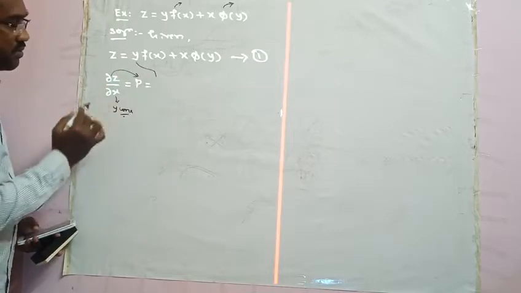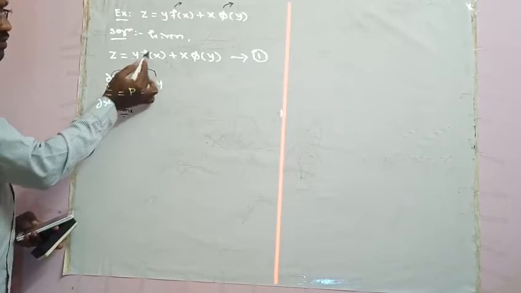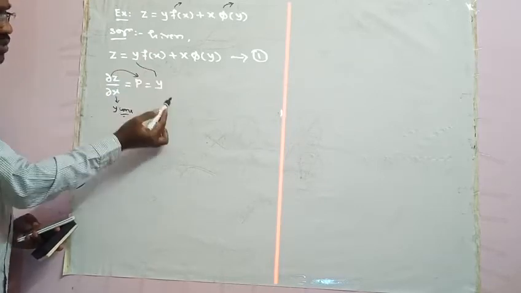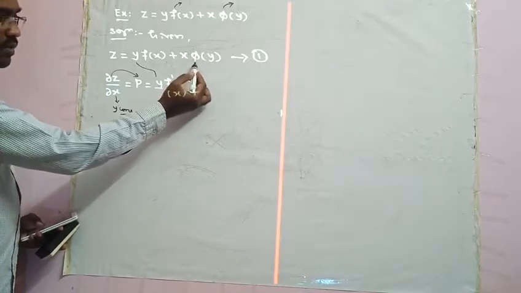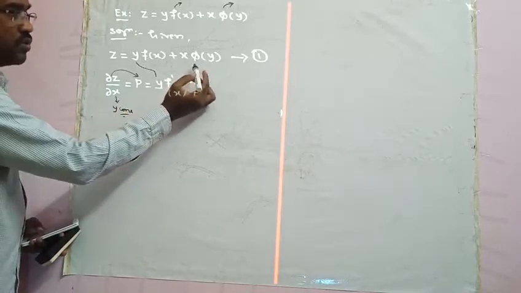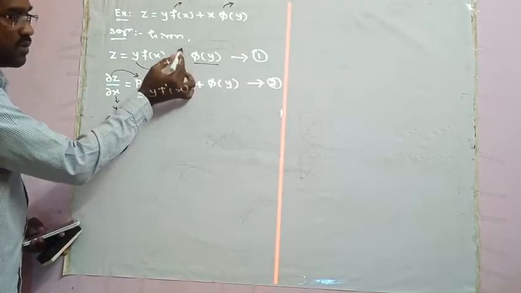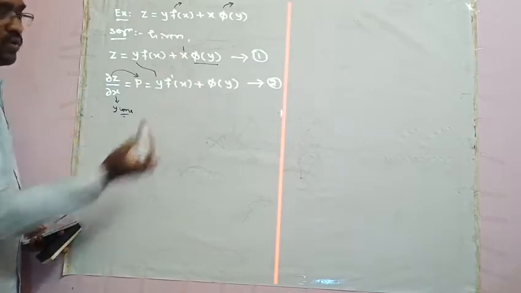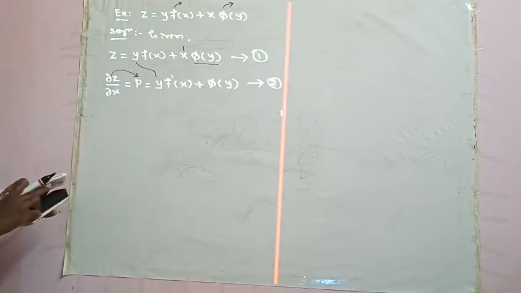Here y as it is. What is the differentiation of f with respect to x? f dash of x, plus. What is the constant here? y is constant. So write down phi of y as it is. Differentiation of x is 1, which we have not written. So this is your ∂z/∂x.